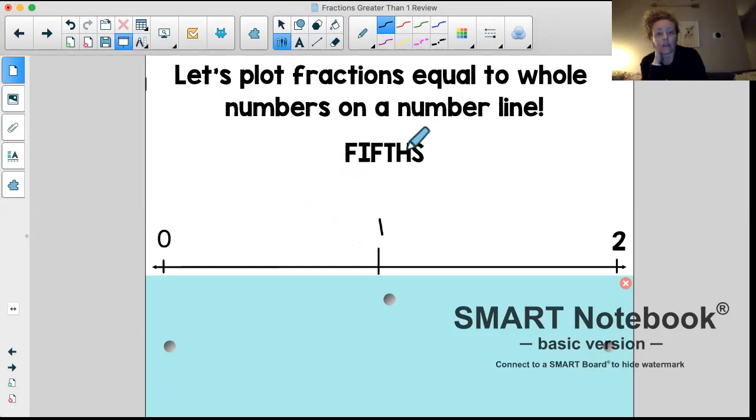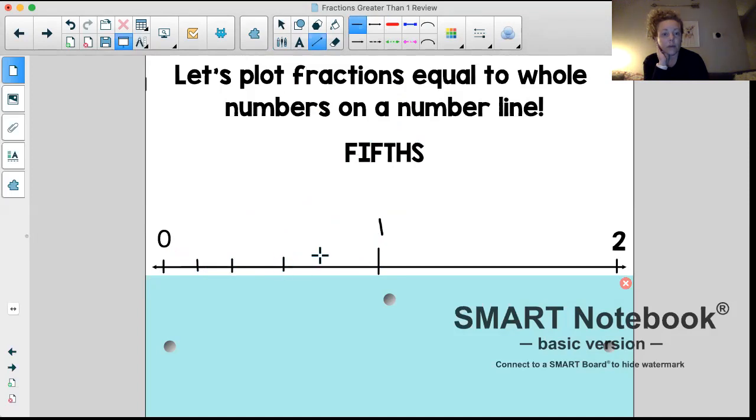And now we're talking fifths. 5 fifths in a whole, right? 4 lines. So we need 4 lines between these two. 1, 2, 3, 4. And then again here, 1, 2, 3, 4. And then we start to label.